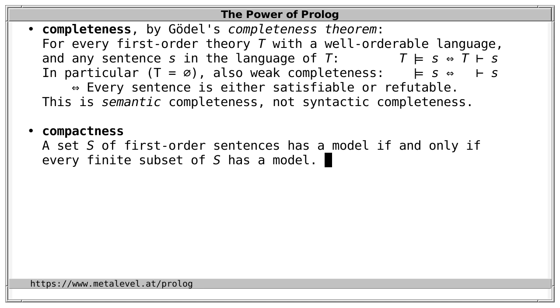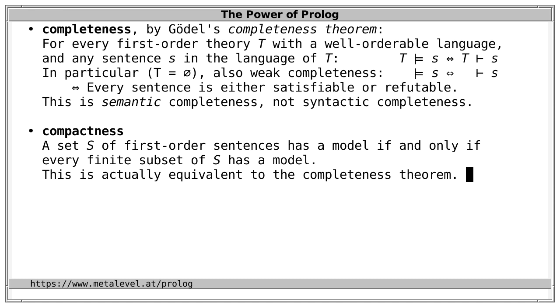And this is a very important theorem and one of the key theorems that makes resolution work. And in fact, the compactness theorem is equivalent to the completeness theorem. Certainly for well-orderable languages, as we assumed in the above formulation of the completeness theorem, and therefore in particular also for countable languages, which are especially important for our purposes.